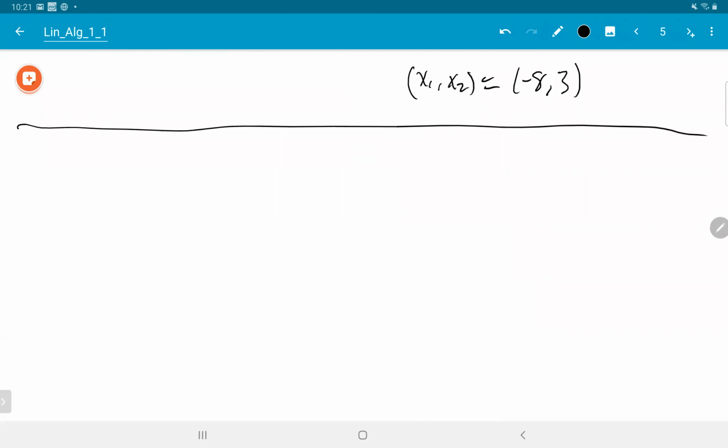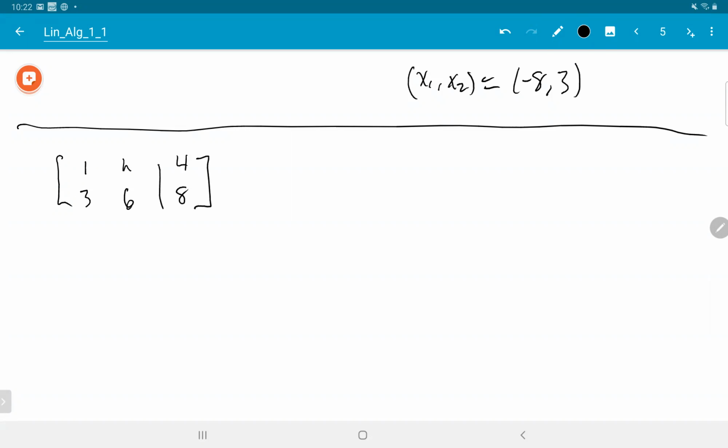Another problem that you'll see kind of a lot, at least in this section, are problems like this one. So you've got 1, h, 4, 3, 6, 8.